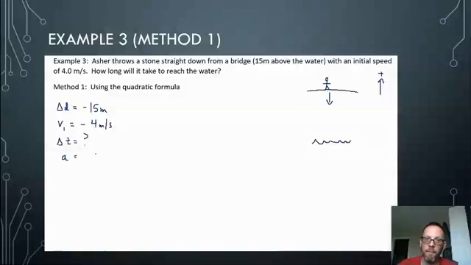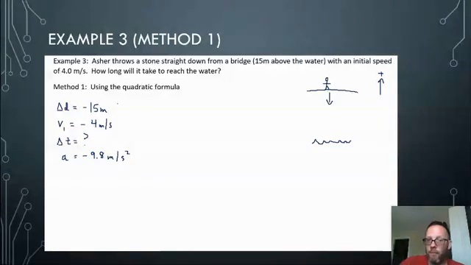So the acceleration due to gravity will be straight down towards the water. So we will use minus 9.8 meters per second squared. Now, alternatively, if you chose the downward direction to be positive, then all these things would be the same numerical value. They would just be positive.